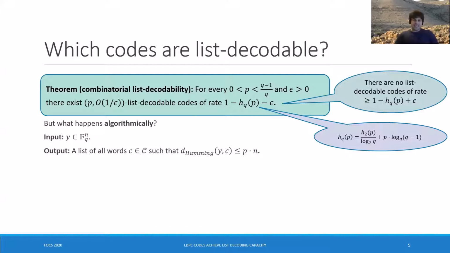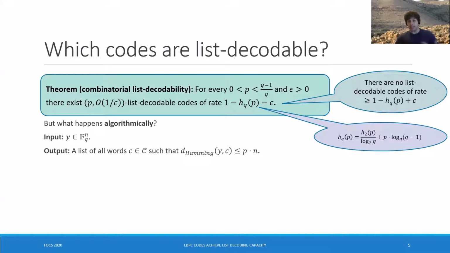Okay, so this pretty much, not exactly, but pretty much settles the question of whether there exist combinatorially list decodable codes. But a more complicated question is what happens algorithmically. So consider the job that Bob has. He's given some word y, which is a noisy version of the word that Alice wanted to send him. And he needs to find all the words in the code that are of Hamming distance at most p from y.